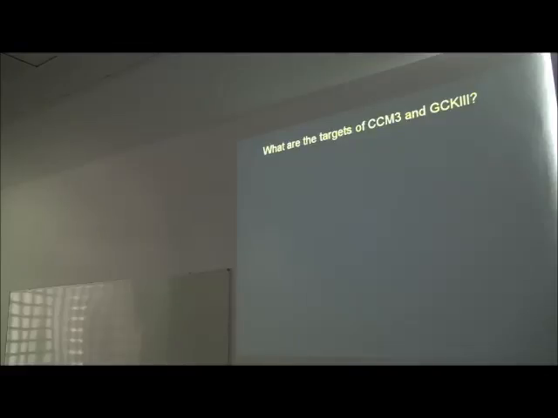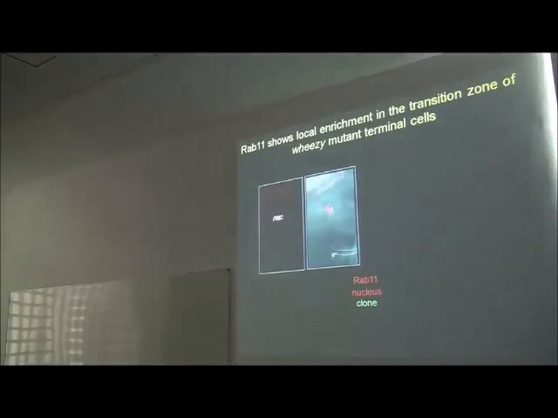Okay. So as I mentioned before, the million-dollar question has been what's downstream in this pathway. We don't know for certain yet, but we have some clues that I'll share with you. Our first clue came when we were looking at RAB11. This is RAB11 staining in a wild type background. Unfortunately, we've also labeled the nuclei with red, so that large red blob is not RAB11, but the nucleus.